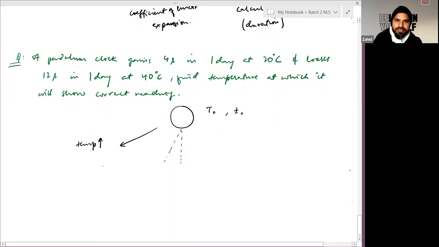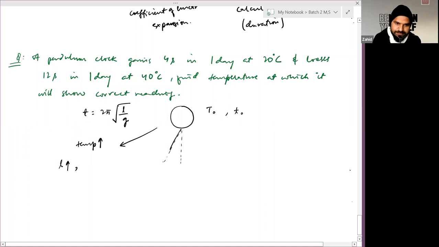On increasing temperature, length of pendulum will increase according to the concept of linear expansion. According to the formula, T equals 2 pi root under L by g. Since time period of oscillation of pendulum is directly proportional to root of L, increasing length will tend to increase its time period.